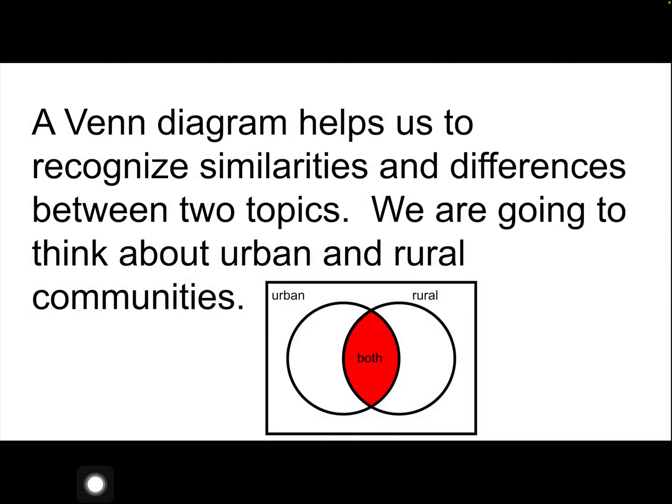So a Venn diagram is something that helps us say that everything in this circle talks about urban communities and everything in this circle talks about rural communities, and whatever we put where the circles overlap talks about both kinds of communities. So let's start looking.